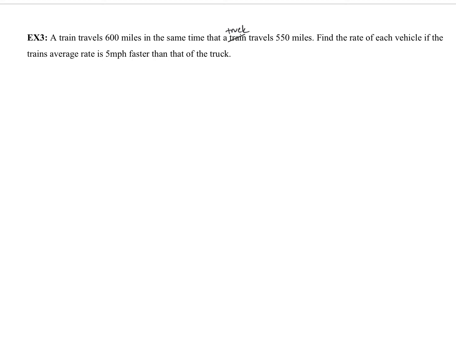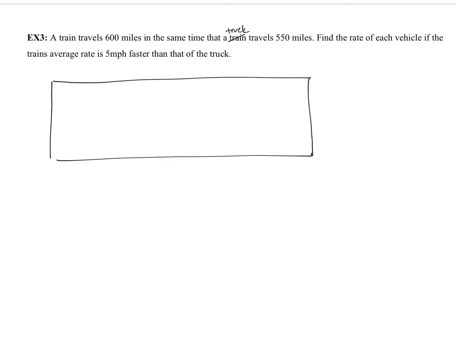This is a distance problem, a motion problem, right? So because of it being a motion problem, I'm going to go ahead and set up a chart for a motion problem. We know that distance equals rate times time. This is in general for motion problems. So since we're talking about two different objects, I'm going to go ahead and set this up for two different objects.